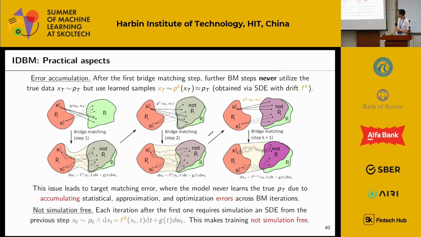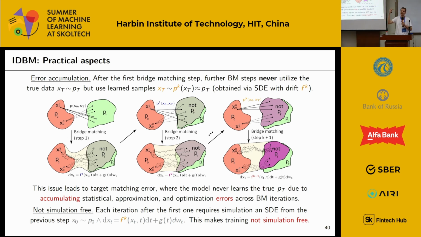Okay, of course, this procedure, just like rectified flows, has its own limitations. The limitations are exactly the same as in rectified flows. So basically, there are two limitations. First, to train this procedure on the next steps after the first, you have to do simulations of your diffusion learned from the previous step.